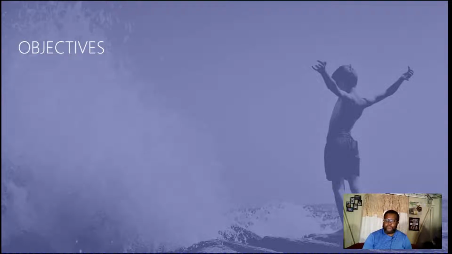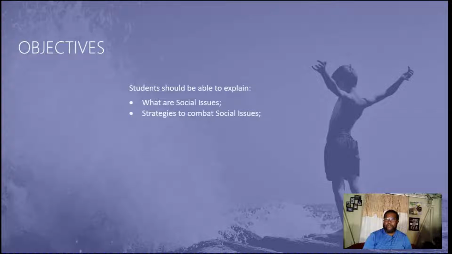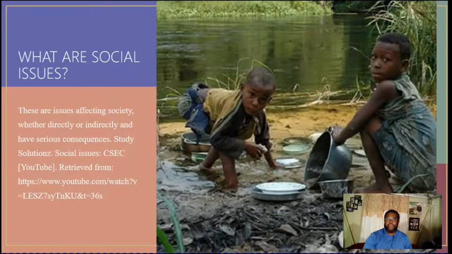Our objectives are: students should be able to explain what social issues are, strategies to combat social issues, and give examples of social issues. Now, what are social issues?